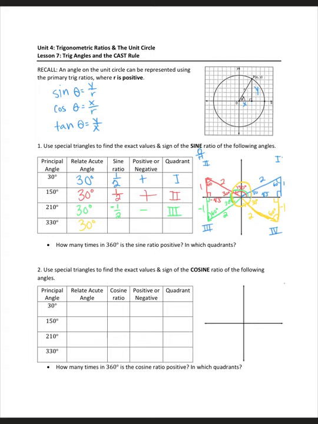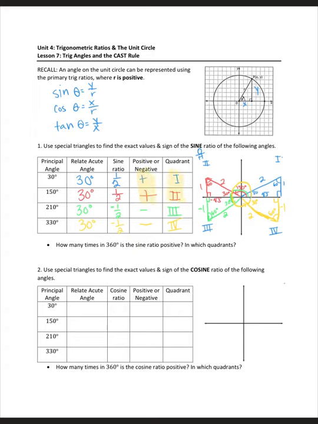my sine ratio is going to be my opposite, which is a negative 1 over my hypotenuse 2. So again, my sine ratio ends up being negative, and this is in quadrant 4. So if we were to answer how many times in 360 degrees is the sine ratio positive, well, we can see here that we went all the way through these related acute angles with a 30-degree related acute angle in each quadrant, and 2 times they were positive, right?